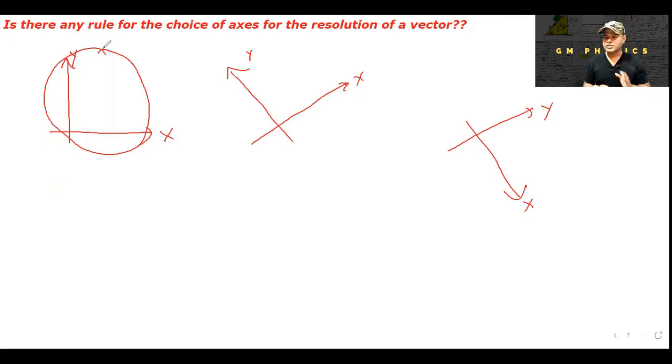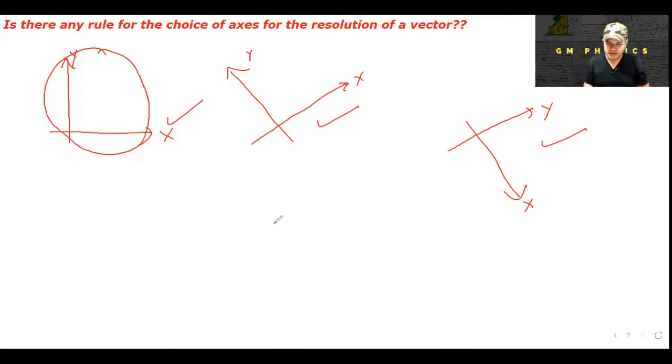The answer is no. There is no such specific rule that has to be followed. You can choose any axis. That is completely your choice. It depends on the problem at hand and the convenience, which will be convenient for you. You can take this one as usual, or this one, or any one that you can think of.